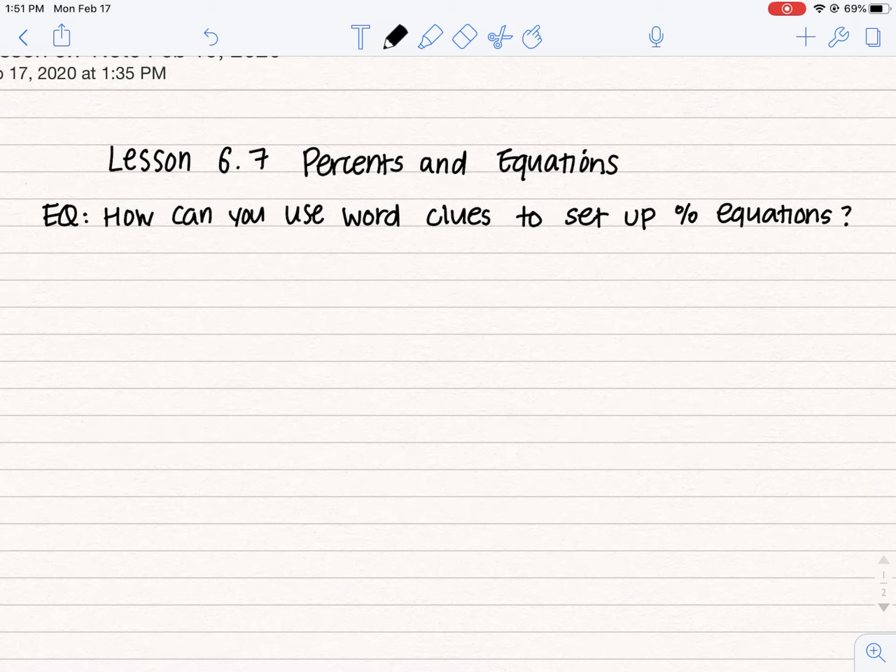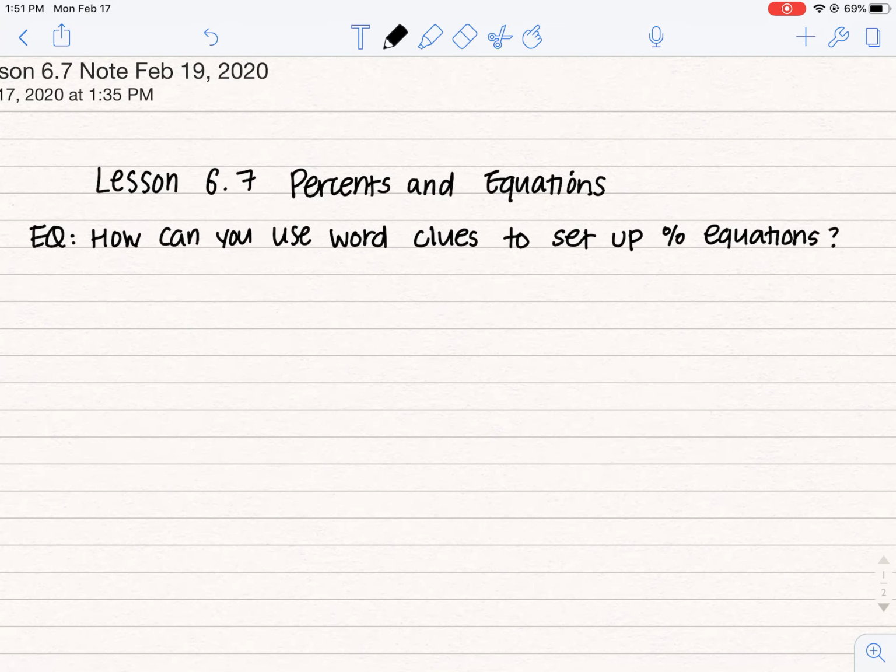Okay. In order for us to set up the equation, first we need to know what parts are in percent equations. We are always going to have part over whole, expressed as a fraction.